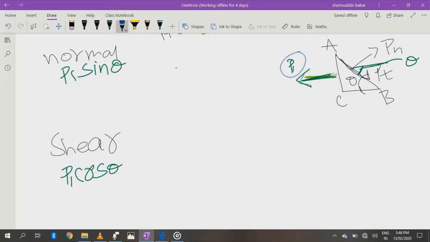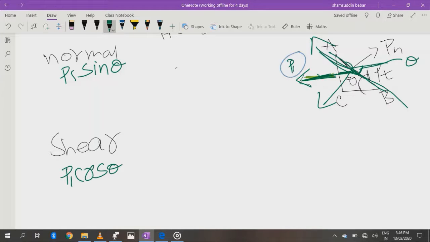To get a better concept of this, for example, this is my force. Now this is the plane, its perpendicular component will be in this direction and shear component will be in this direction.